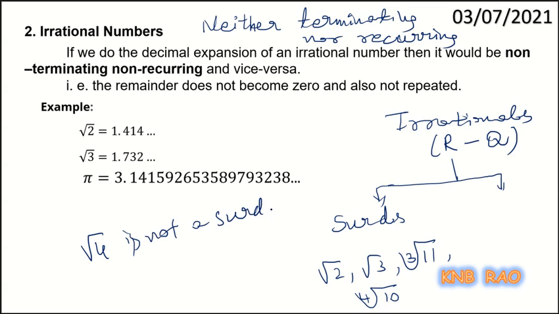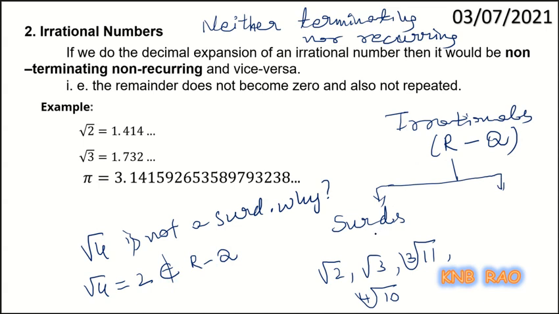Why? A question may come like this, because root 4 is equal to 2, it does not belong to the irrational number set at all. Understood? So, whenever I have the square root of a number found or a cube root of a number found, it should not be a rational number, it must first be irrational to call it a surd.